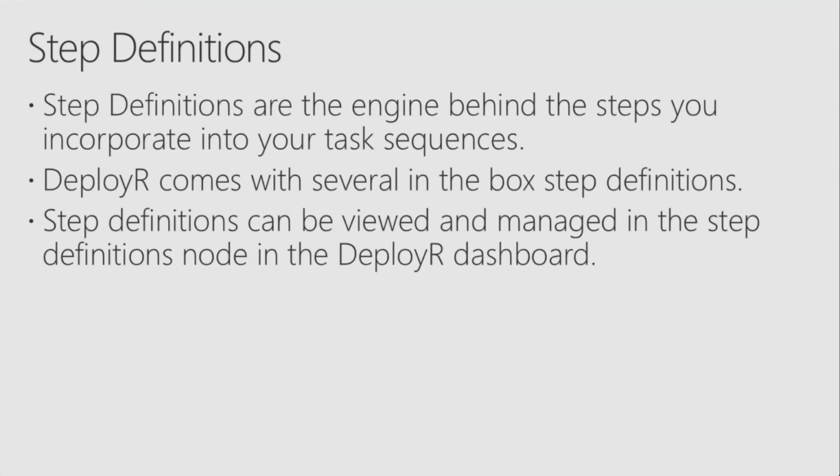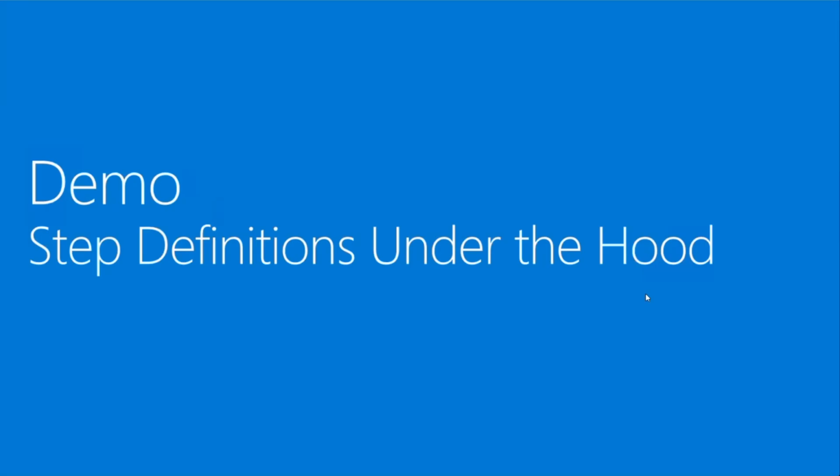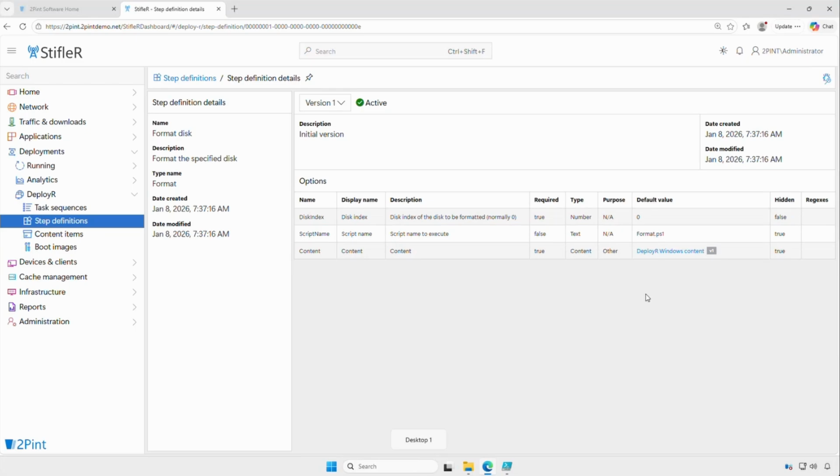But we want to make it super extensible so that you can create your own step definitions and even share your step definitions as well. Let's take a look at what they are under the hood. In the Stifler dashboard, under the DeployR section, you're going to see task sequences, step definitions, content items, and boot images.